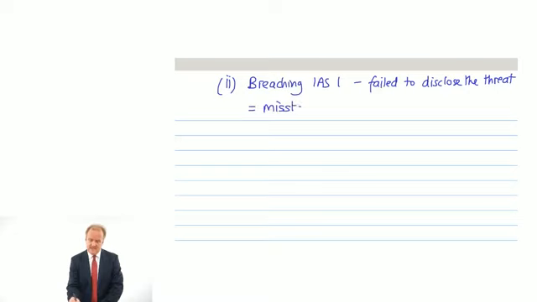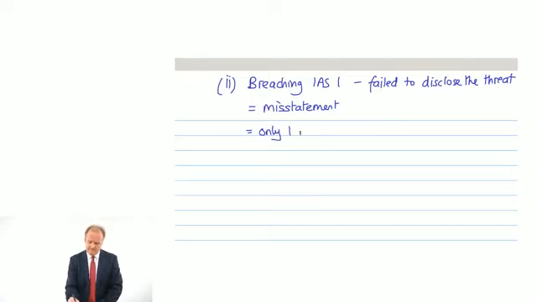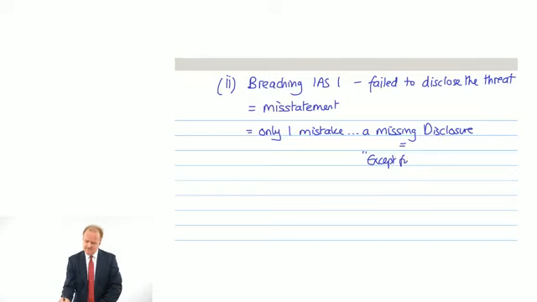That is a misstatement. Now, there's only one thing wrong with the accounts. They're missing a disclosure note. And therefore, I would say an except for qualified opinion is the most likely outcome.